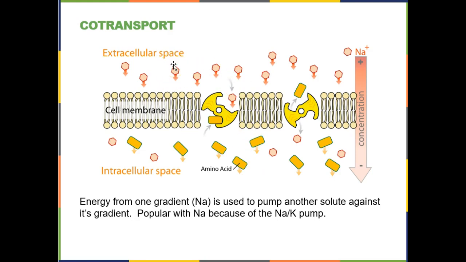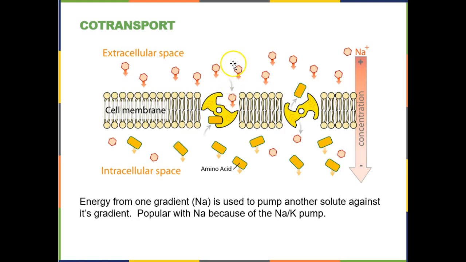This is a form of potential energy, right? It took energy to move all of this sodium, which means that gradient contains a certain amount of energy, which you can then use to power cotransport molecules and move other things against their concentration gradient.